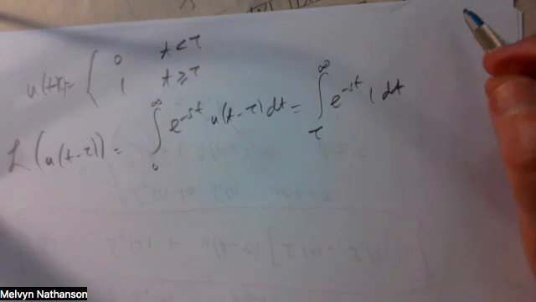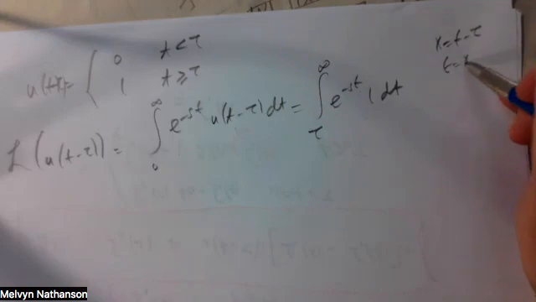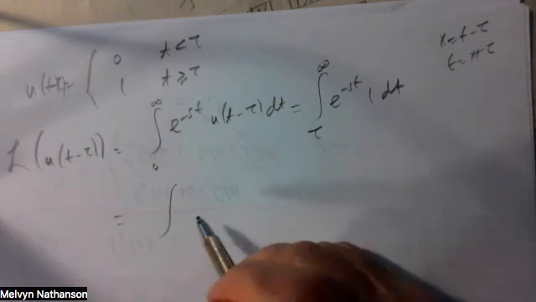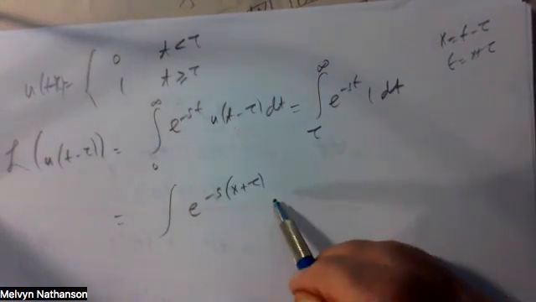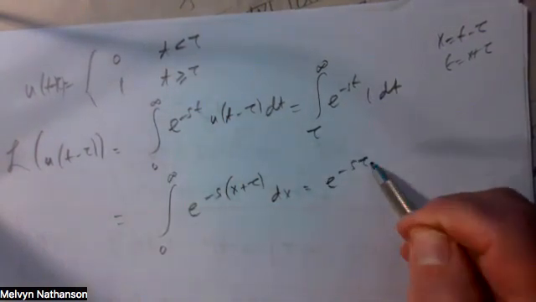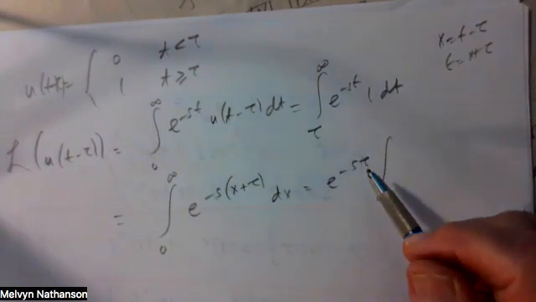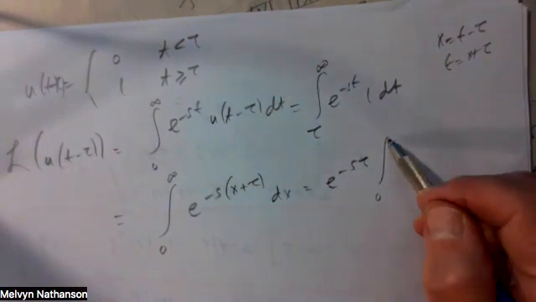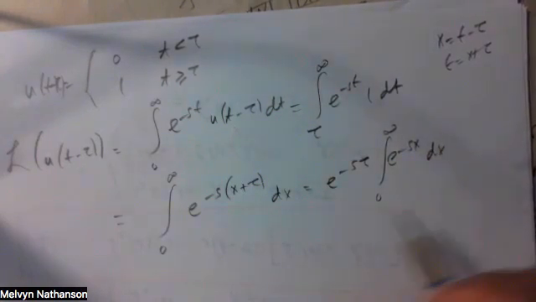And again, we make a change of variable. If we let x equal t minus tau, or t equal x plus tau, when we change variables, this becomes the integral of e to the minus s times x plus tau, dx from 0 to infinity, which is e to the minus s tau, the integral from 0 to infinity, e to the minus sx dx.